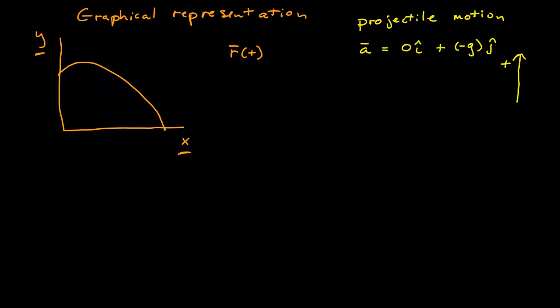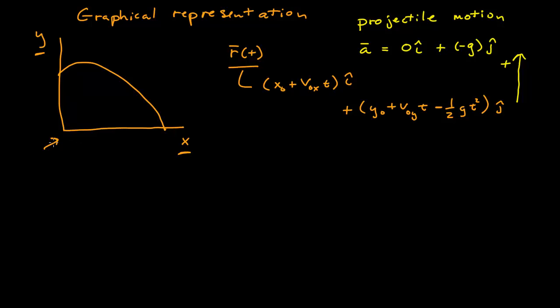So in that case, this position vector has x naught plus v naught x t in the i hat, and then plus y naught plus v naught y t minus 1/2 acceleration due to gravity times the time squared in the j hat direction. And so that is represented now by this graph here as a function of x.